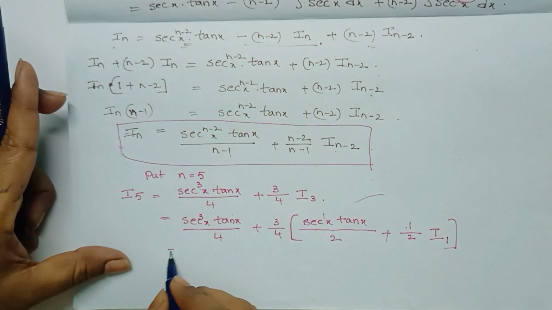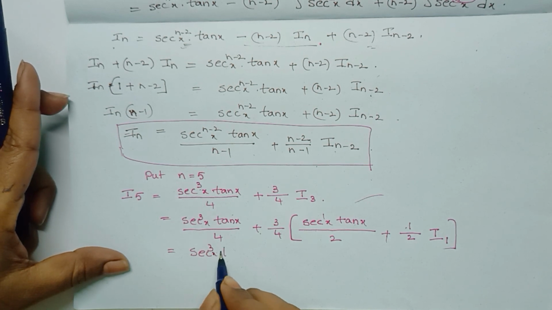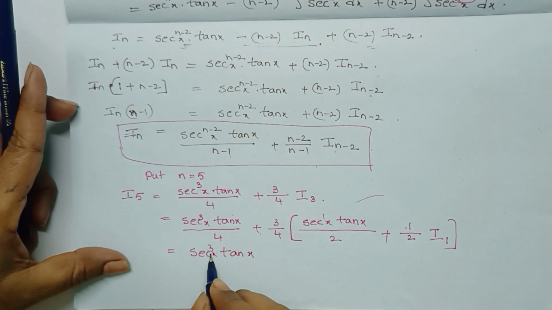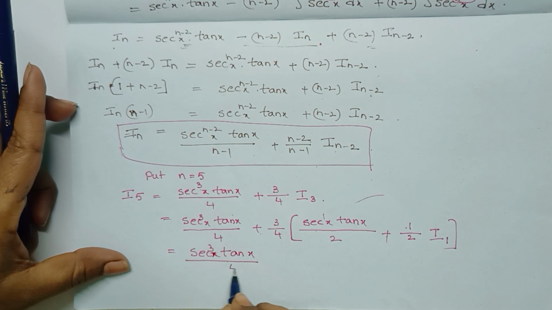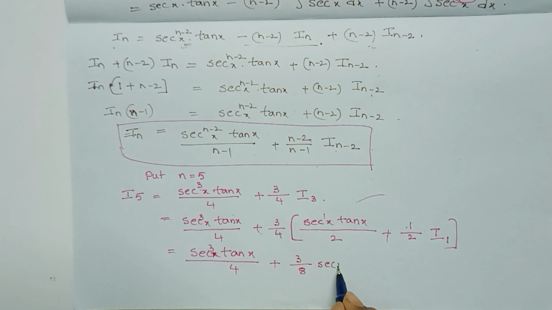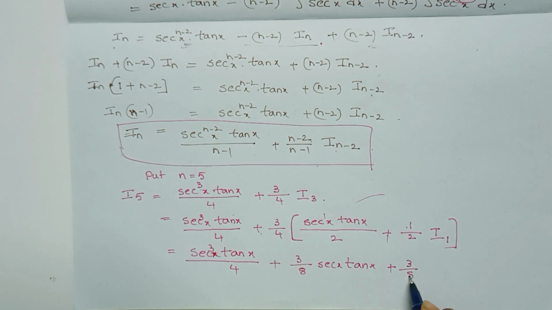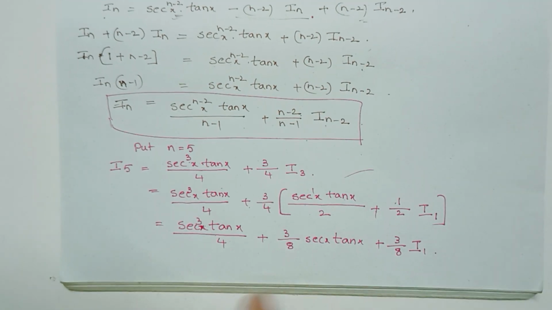Okay, that implies secant cube x into tan x by 4, this 3 by 4 is transferred inside, 3 by 4 2s are 8 into secant x into tan x plus 3 1s are 3 by 4 2s are 8 into I1.